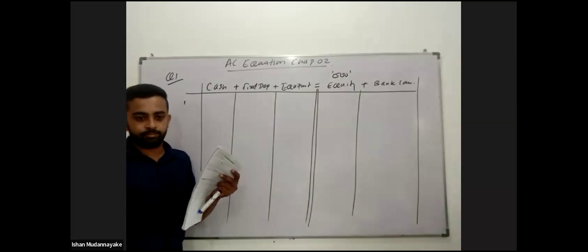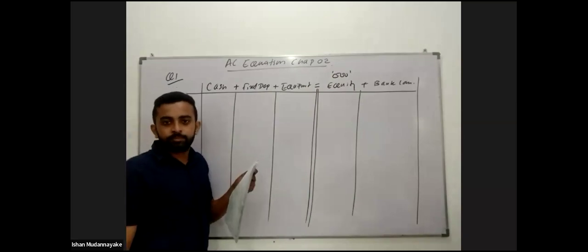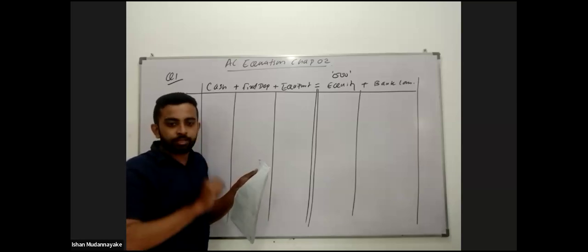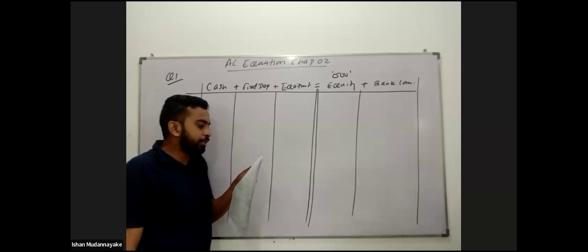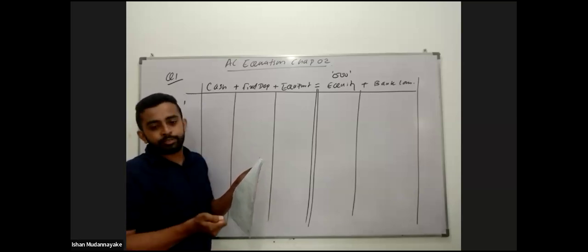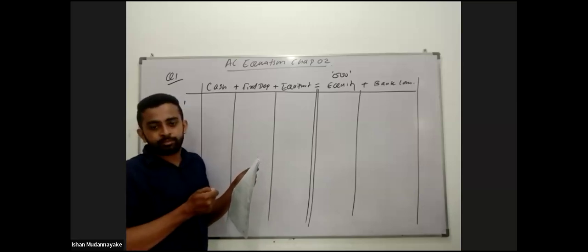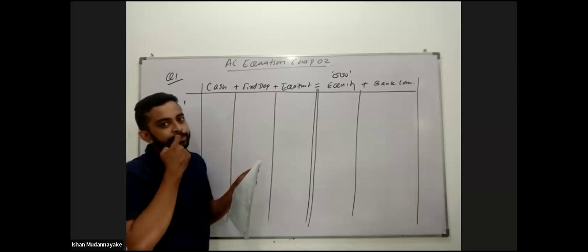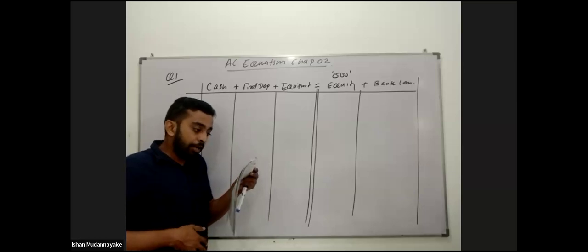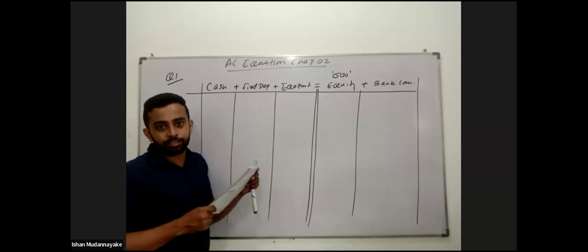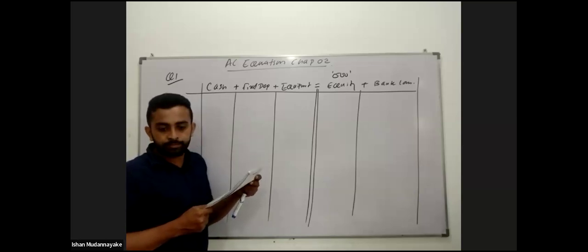In O level you have learned this same question. Repairing computers is the nature of the business organization. The following transactions are given to you for the first month of the business.